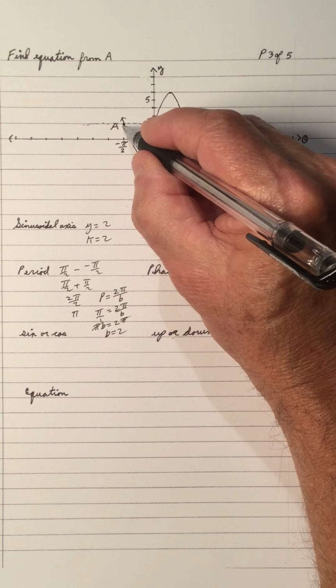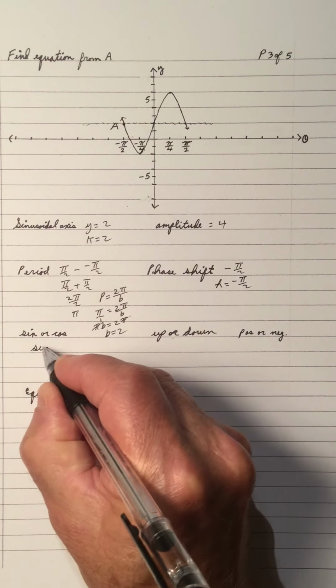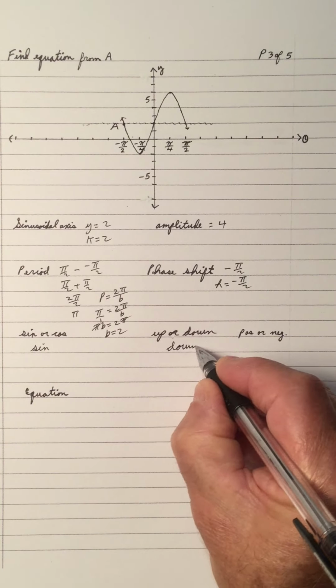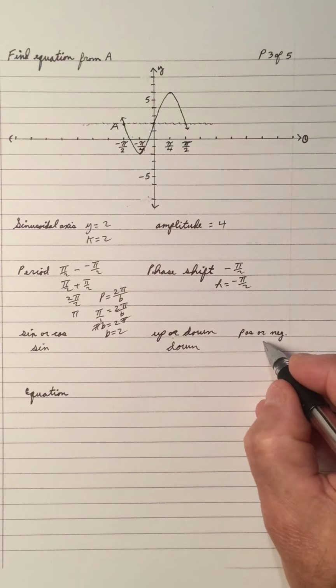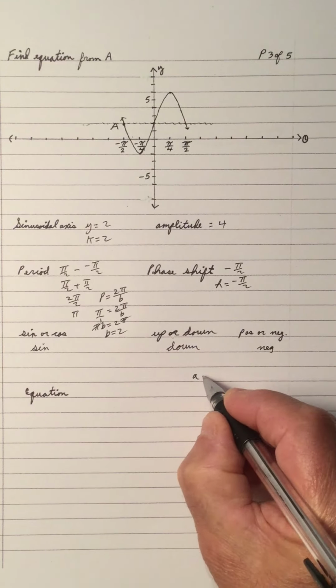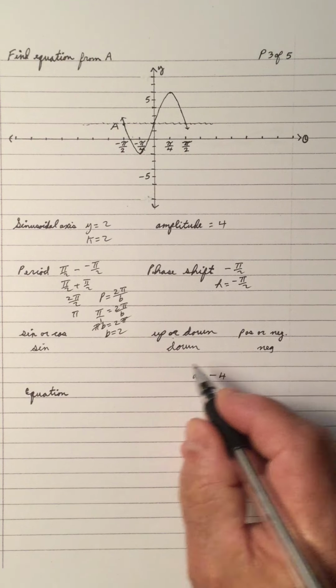And going from A along the sinusoidal axis, we have a sine graph, and we're going down. Down for sine is negative, so that means that A is going to be negative 4.